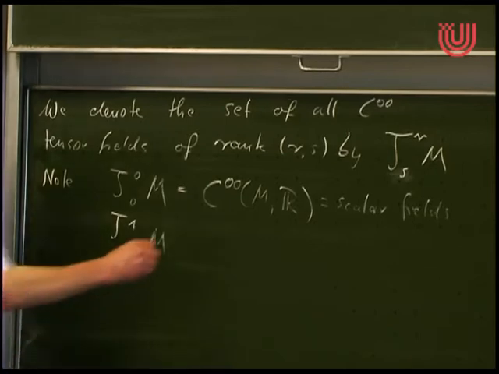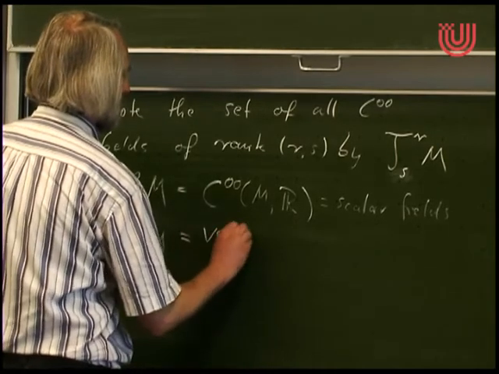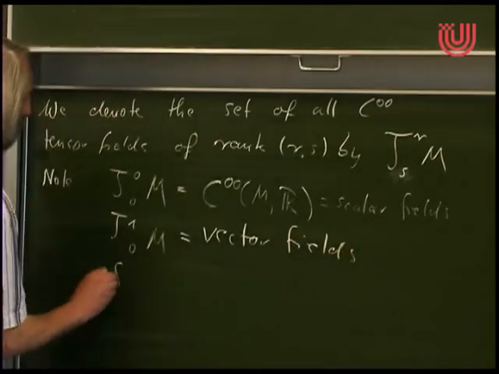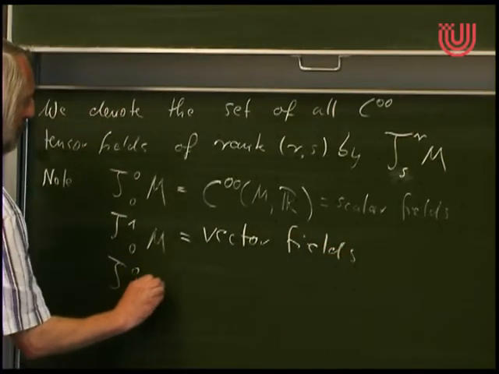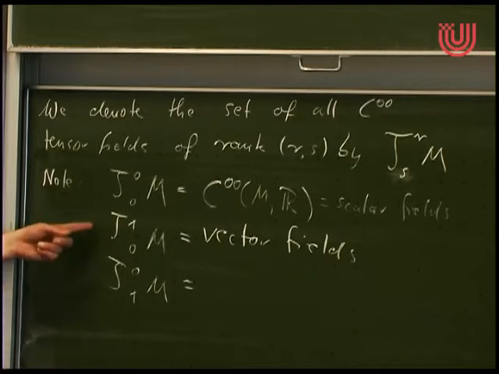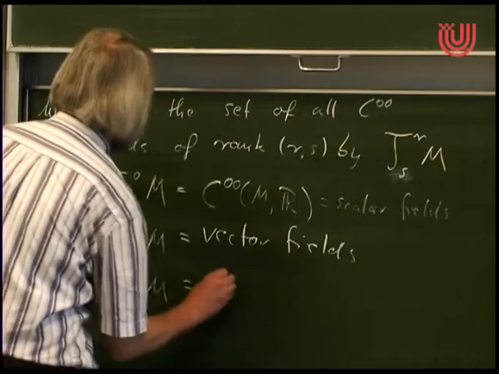So these are the vector fields. Okay, but now everybody should be able to tell me what these are. So these are the vector fields and these are the covector fields, yes.